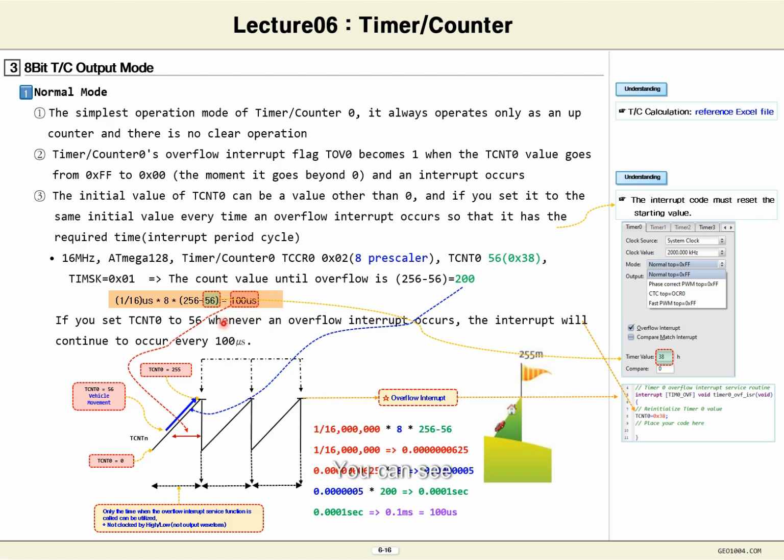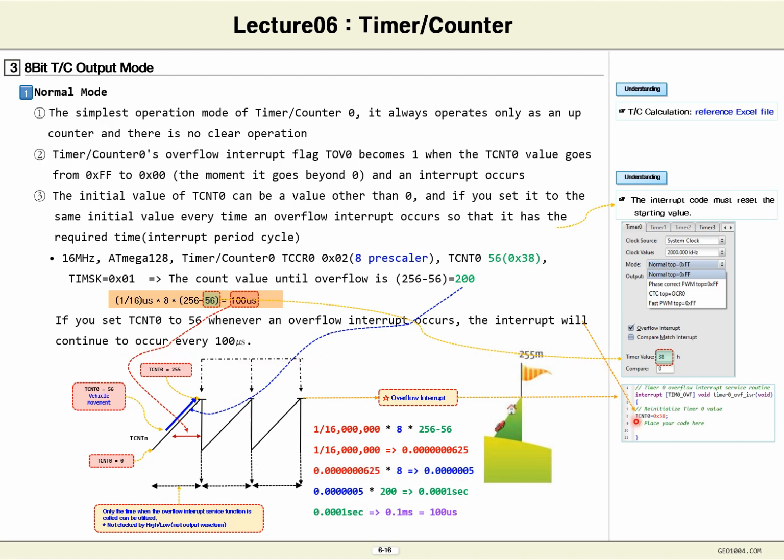You can see the development process of the calculation formula that results in this 100 microseconds, as I have marked it separately at the bottom here. Therefore, we need to set the value of TCNT0 to 56 whenever an overflow interrupt occurs. In this case, the interrupt will continuously occur every 100 microseconds.